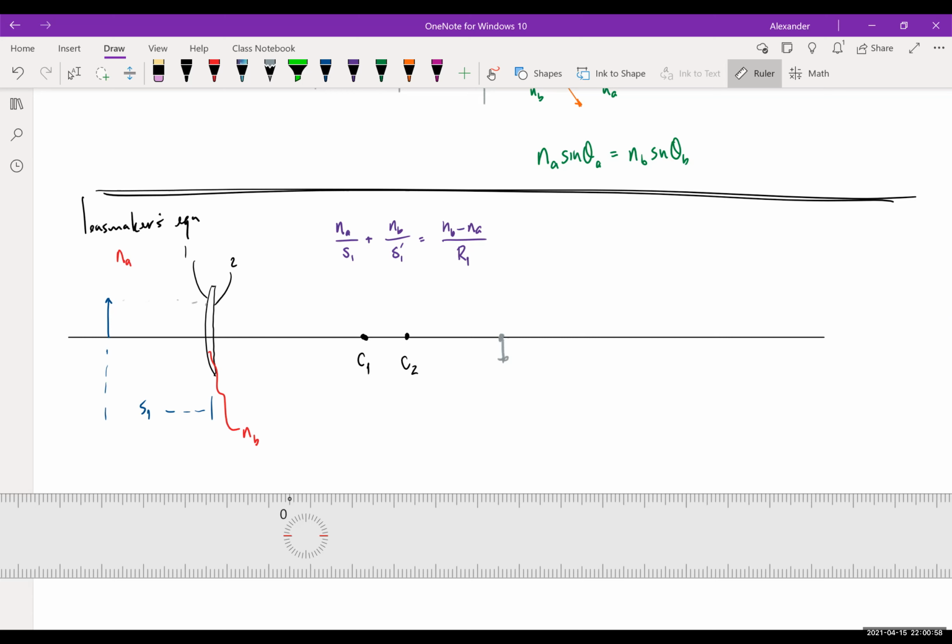So we need this distance. And then we use this spherical surface refraction again.